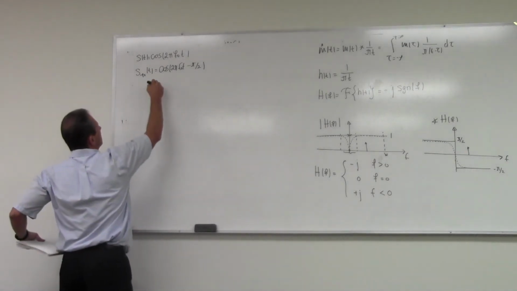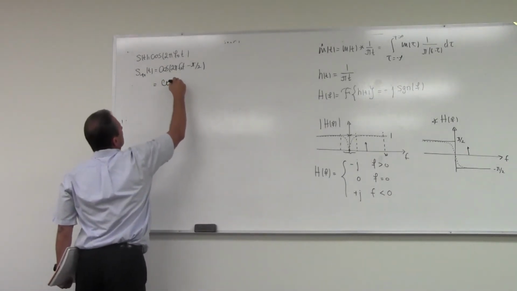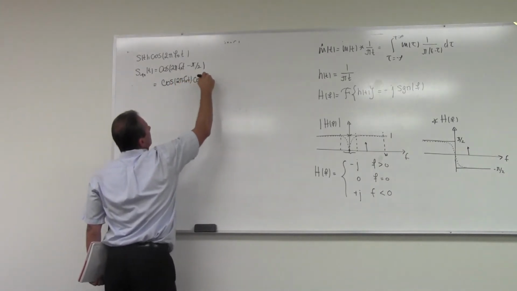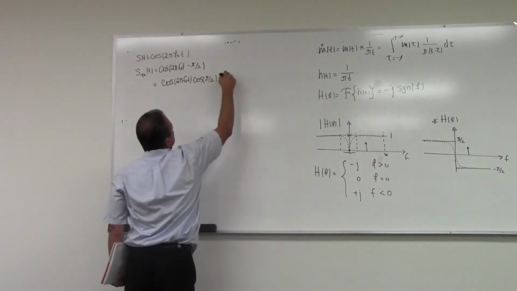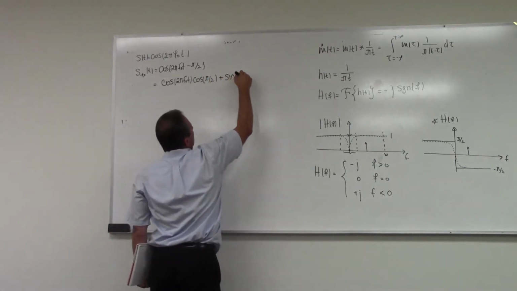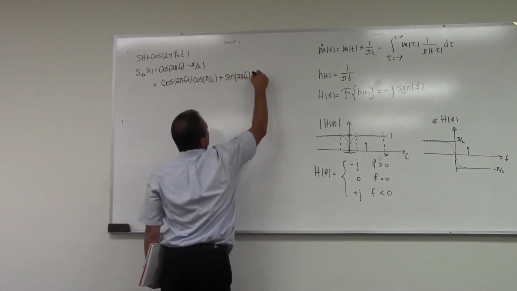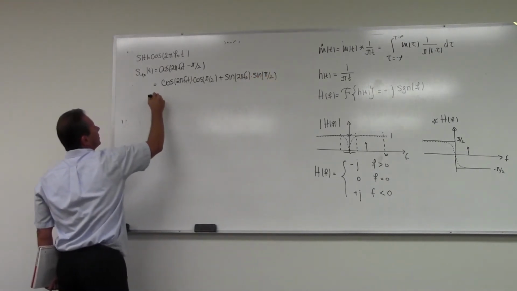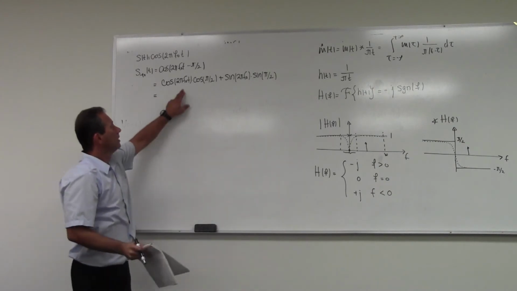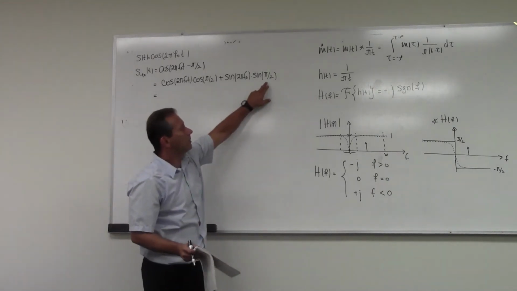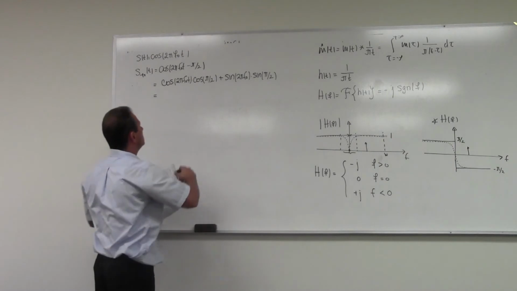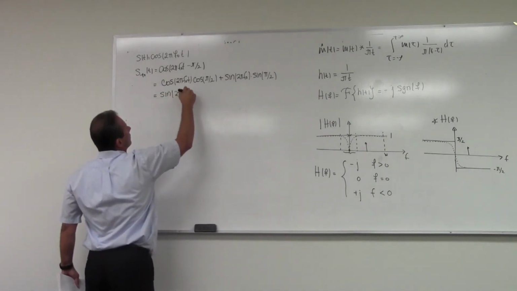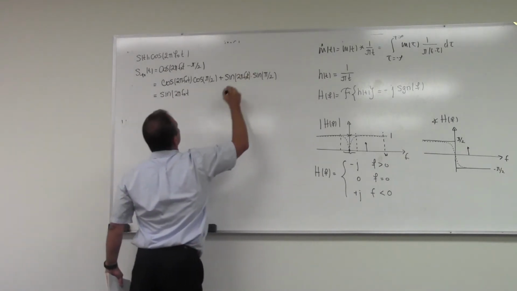Through simple trig identities, this is cosine 2 pi f0 t times cosine pi over 2, plus sine 2 pi f0 t times sine pi over 2. What is the cosine of pi over 2? 0. And the sine of pi over 2? It's 1. So this becomes sine of 2 pi f0 t.